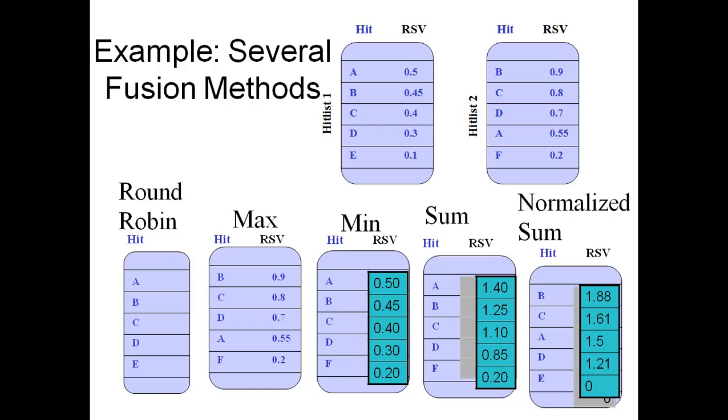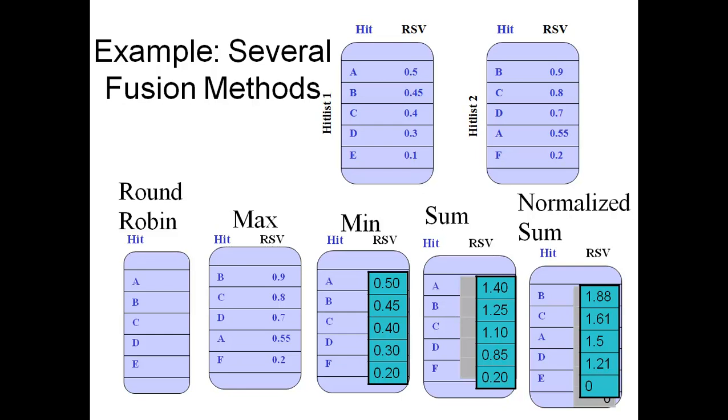Now we can think which one is the best result, but we won't do it here. You should know that, of course, different fusion functions can end up in different ranked lists. Okay, we don't have to go through the list in detail.